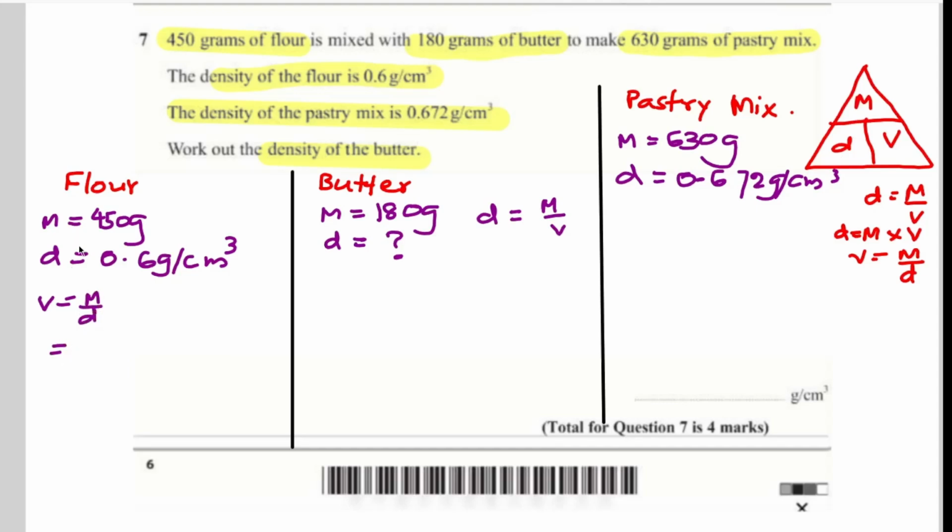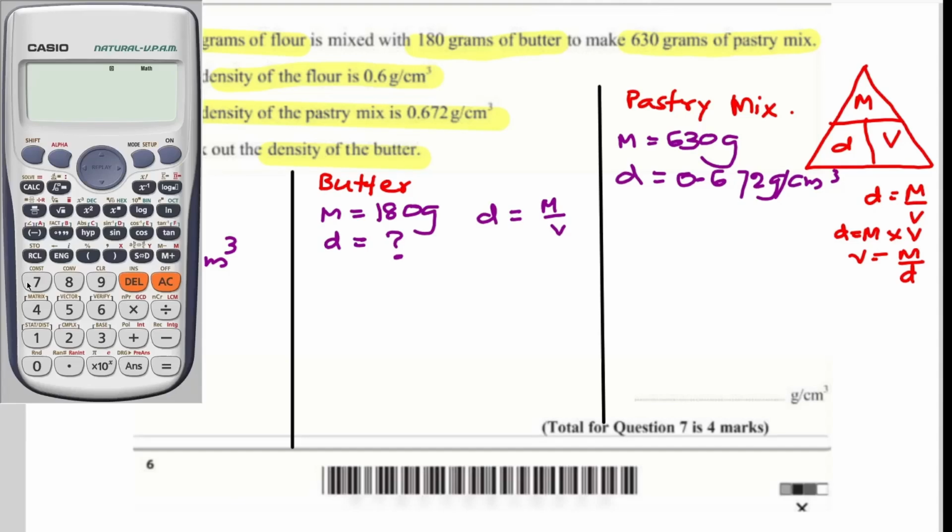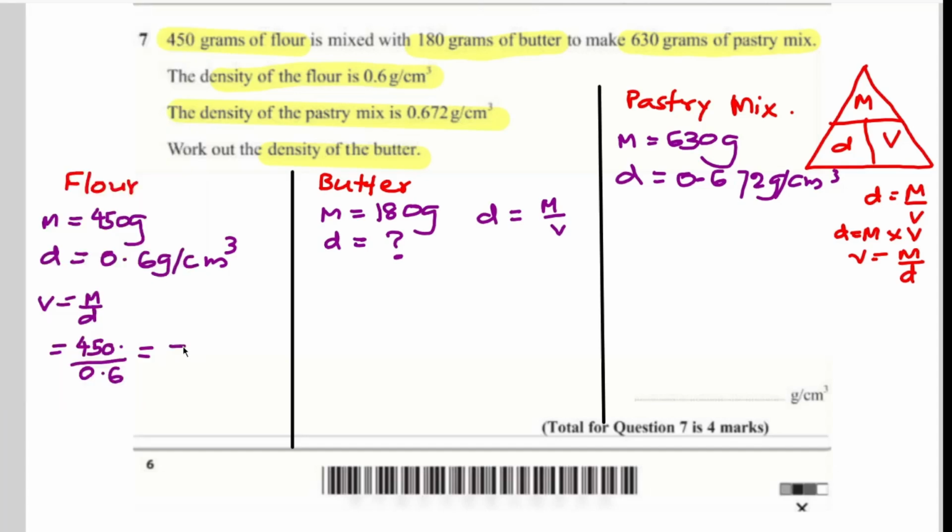Then mass is 450 grams over 0.6, which gives 750 cubic centimeters.